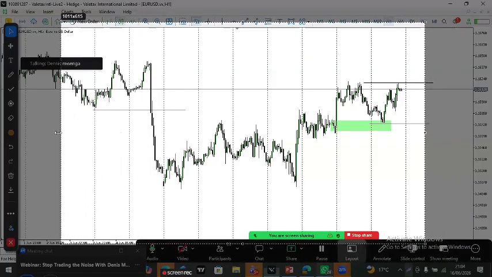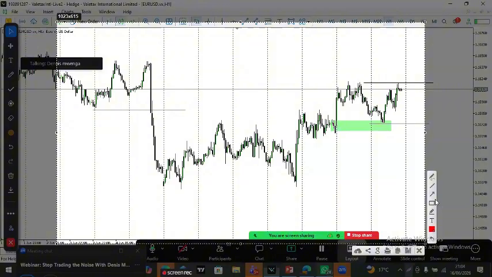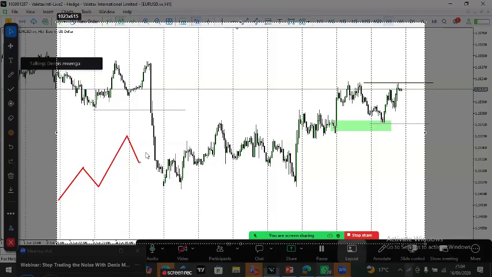So this is the ideal movement. Swing high, swing low, retracement, swing high. Swing low, swing high. Swing low again, retracement, swing high. That's the ideal, what you'll see.